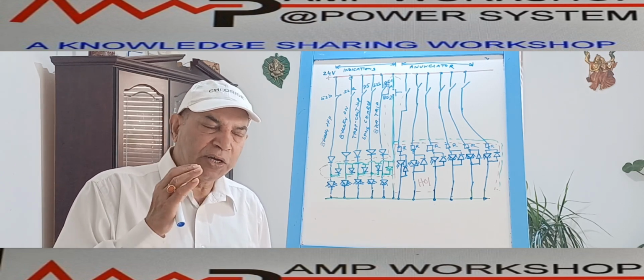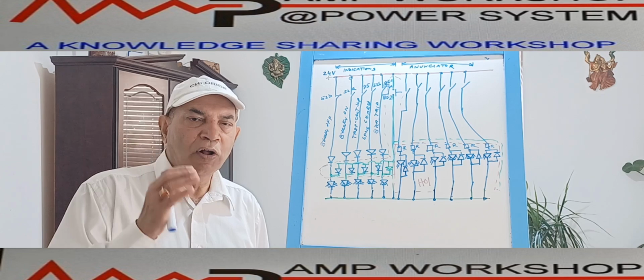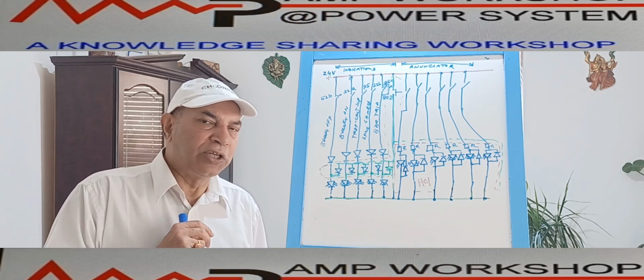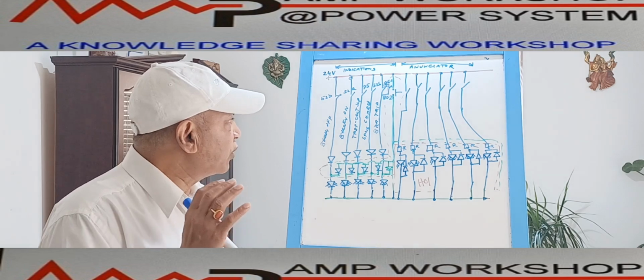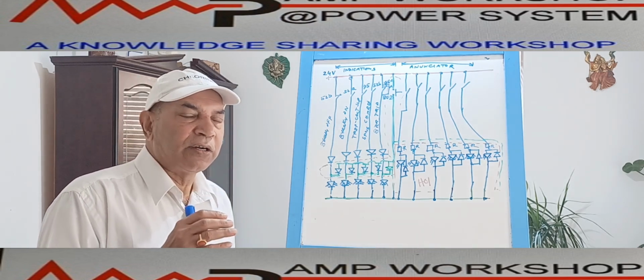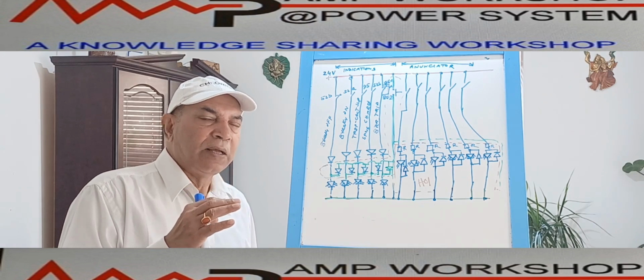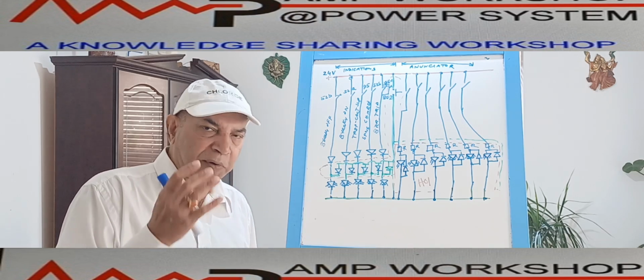That's why the SF6 gas pressure being normal is also to be monitored under healthy operation of the switchgear. So there are total 6 parameters. Normally in a normal switchgear we monitor 5 parameters, but in an SF6 switchgear, we also monitor another parameter.